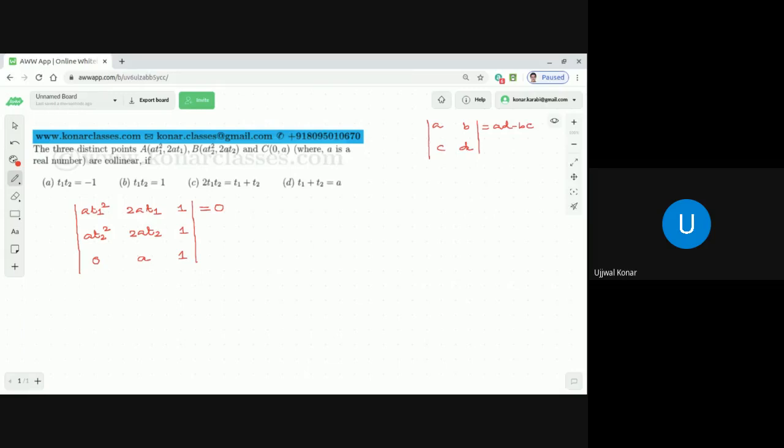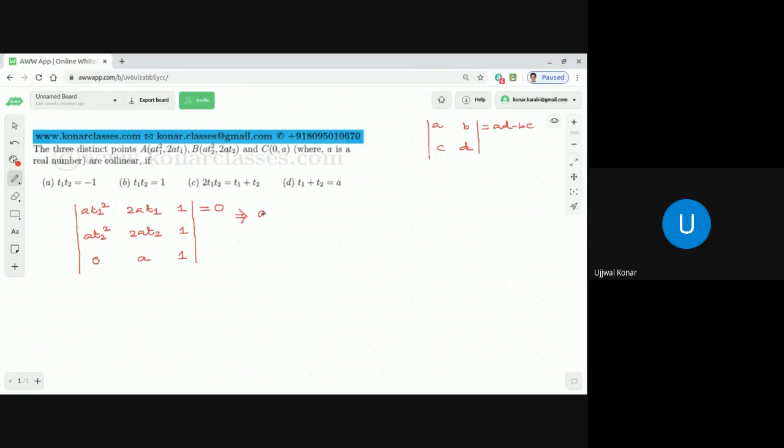It says that we can take an element common from any single row or any single column. That means we can take a common from the first column, then the entire determinant will be multiplied by that number.